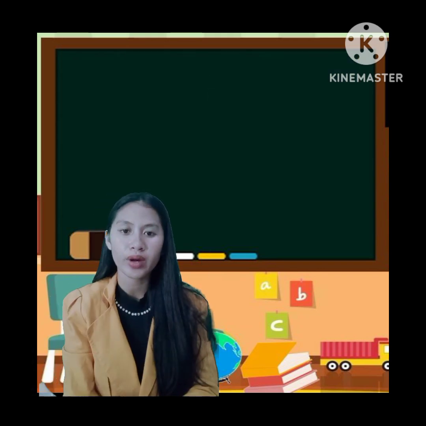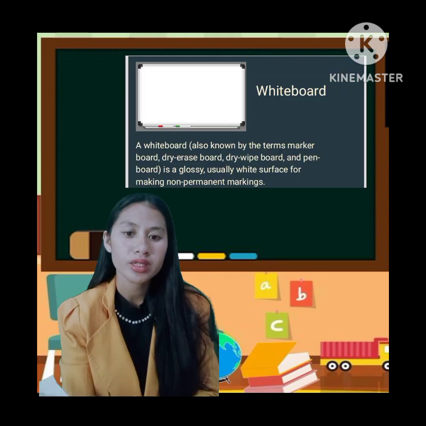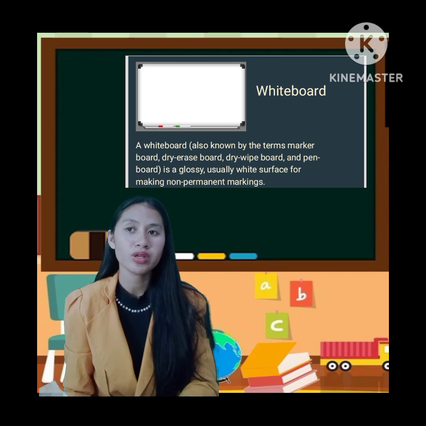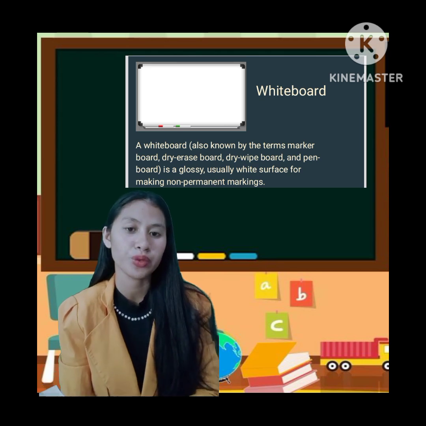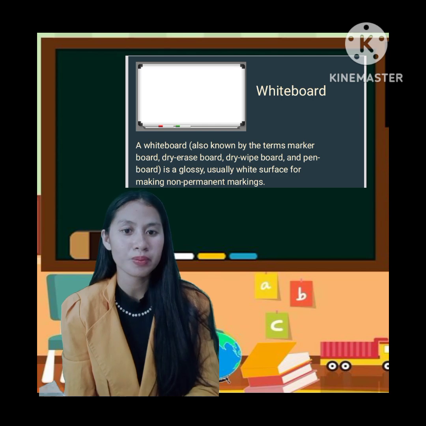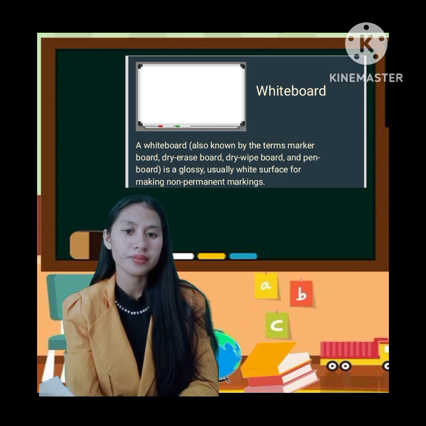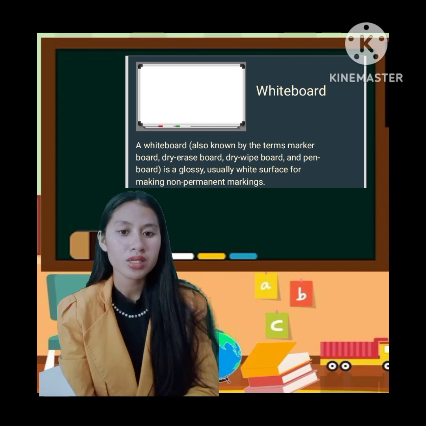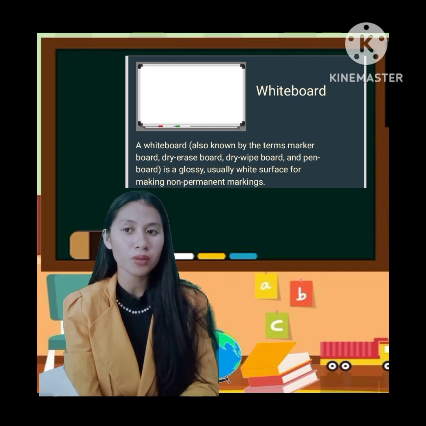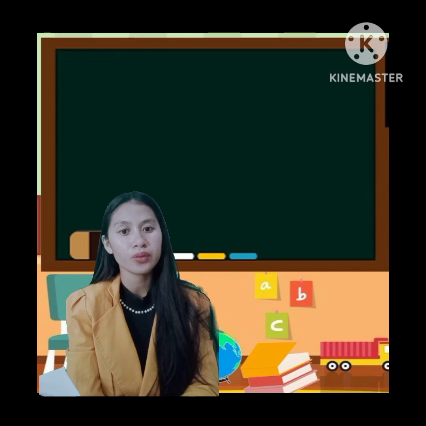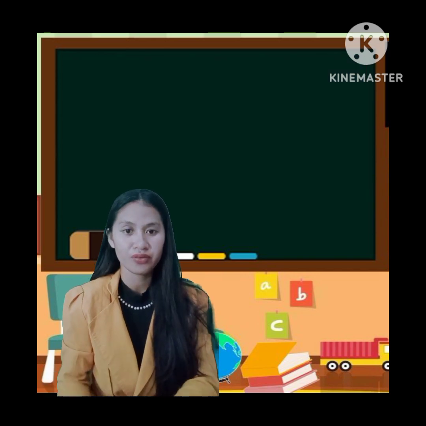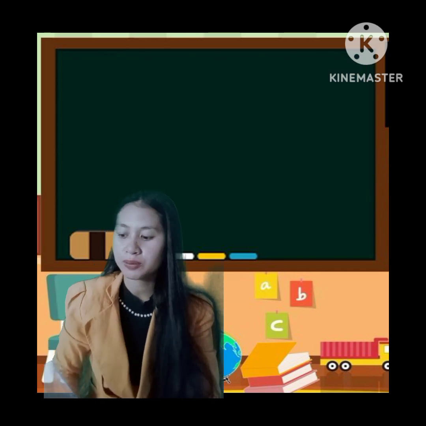Next, we have the whiteboard. Whiteboard is also very familiar to us because it is also used in the classroom. And whiteboard is partnered with the marker pen. Whiteboard is easier to use than the chalkboard, but the whiteboard is more expensive. Next, we have the flip chart.